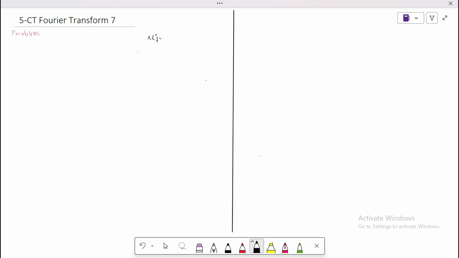What is X of j omega? It equals 1 for mod omega less than W, and 0 for mod omega greater than W. So for this, what is x of t, the signal in the time domain?